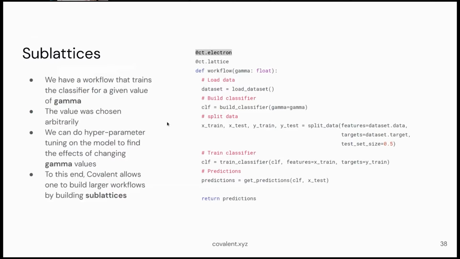The next topic that I want to address here is the idea of sublattices. So sublattices play a role when we have a workflow, but now we want that workflow to become a task in a different workflow. As an example, you have a workflow which trains the classifier for a given value of gamma.